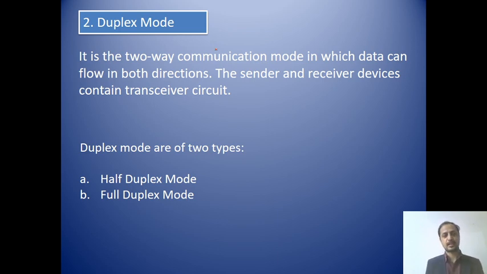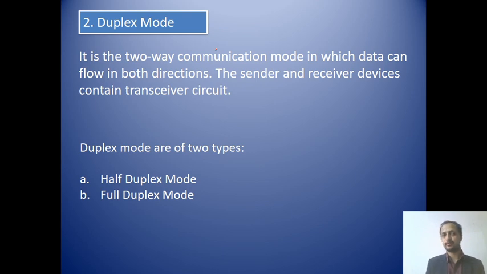The sender can behave both as sender as well as receiver, and the receiver can also behave both as sender as well as receiver. But duplex mode has further two types.